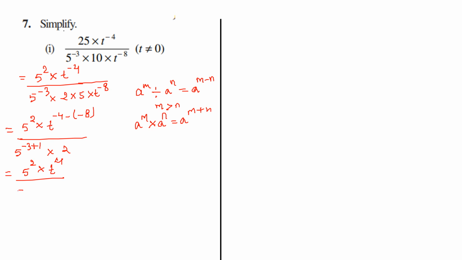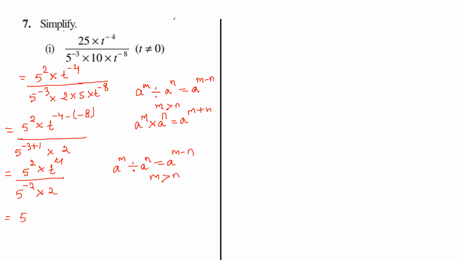And in the denominator minus 3 plus 1 will give me minus 2, into 2. Now again I can use the division law because in the numerator and denominator my base is the same, which is 5. So a^m divided by a^n equals a^(m-n), and here also you can see the numerator power is greater than the denominator.